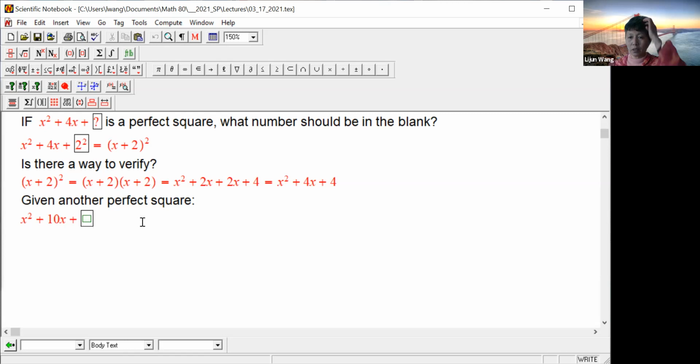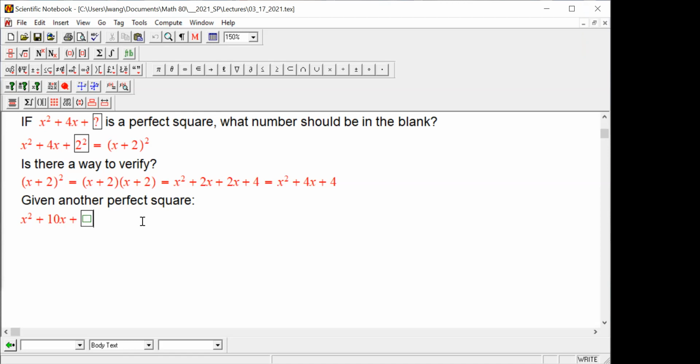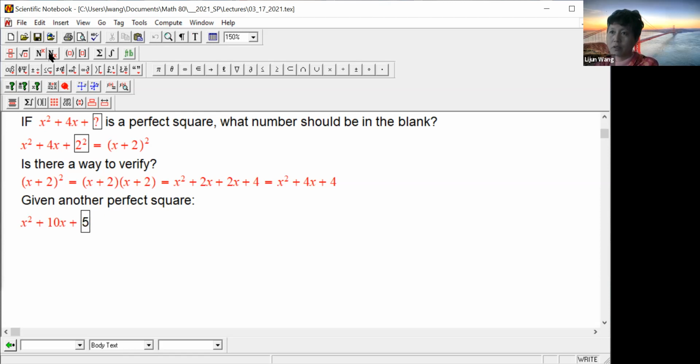What should the number in the blank be? What should it be? 5 squared. 5 squared, perfect answer. Excellent, does everybody follow me? And that will make a perfect square, and you can verify.